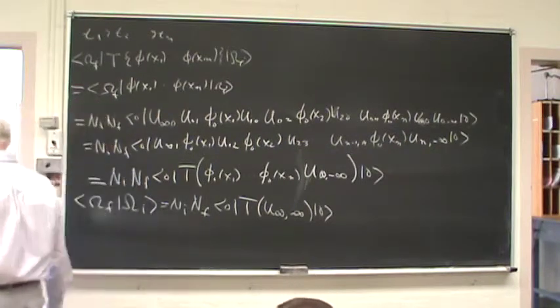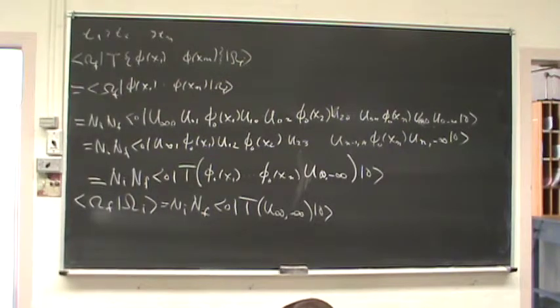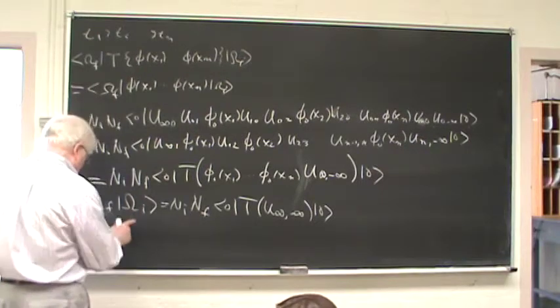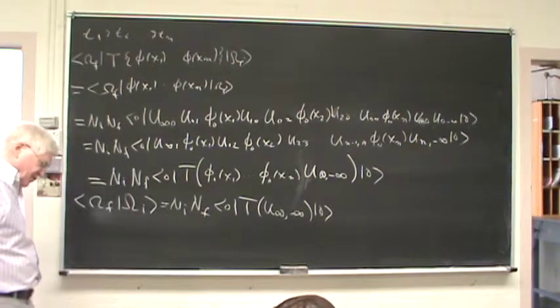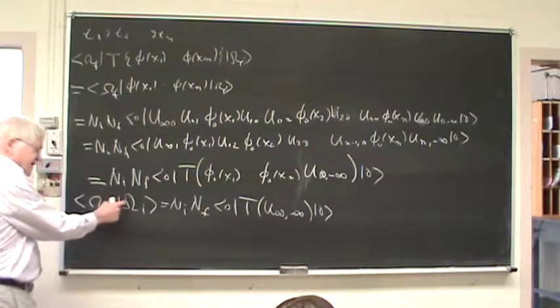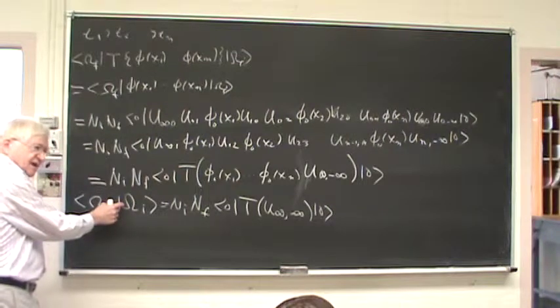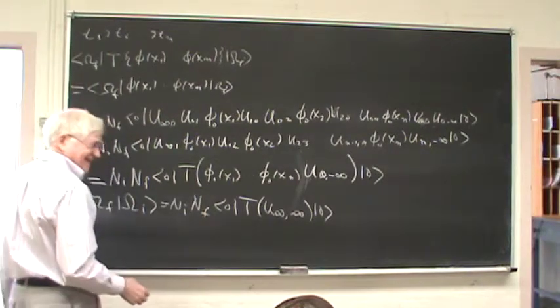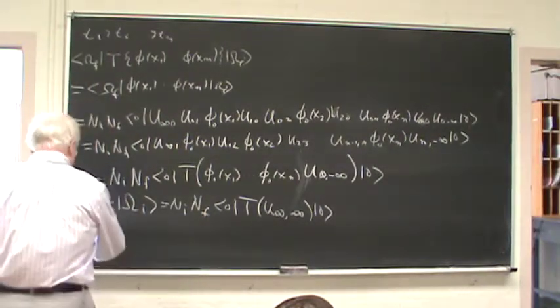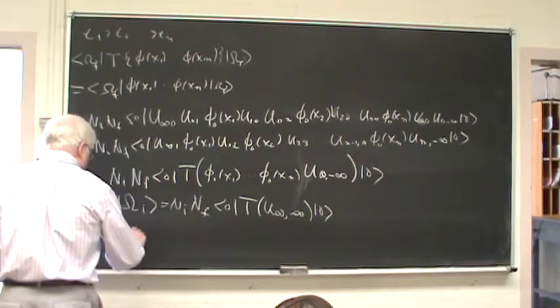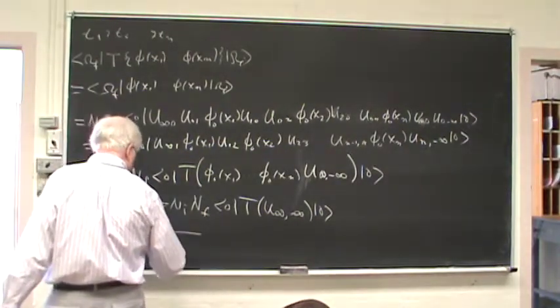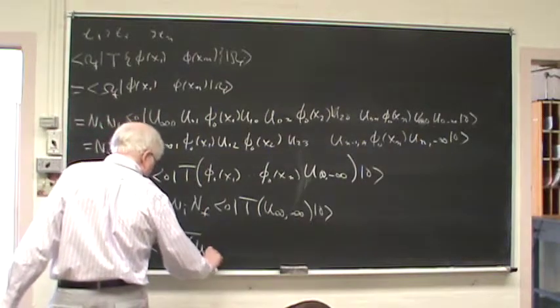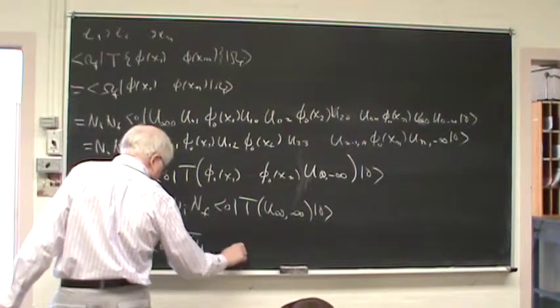That is to say, the inner product of the two physical vacua. Let's suppose that the energy of the physical vacuum is 0, then any phase factors associated with time evolution would just be 0 in the answer. And so what we get is NI NF is 1 over 0 time ordered U infinity minus infinity 0.